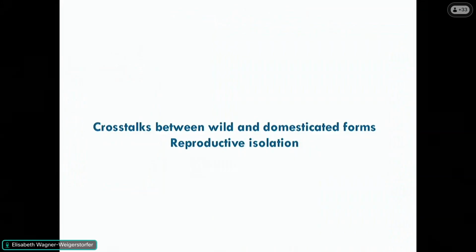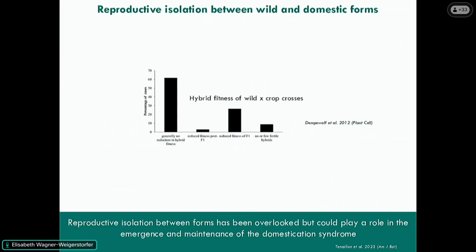Now I'm going to attack this from another angle, the reproductive isolation angle. There is clearly some gene flow between crops and their wild relatives, but there is also evidence for reproductive isolation.